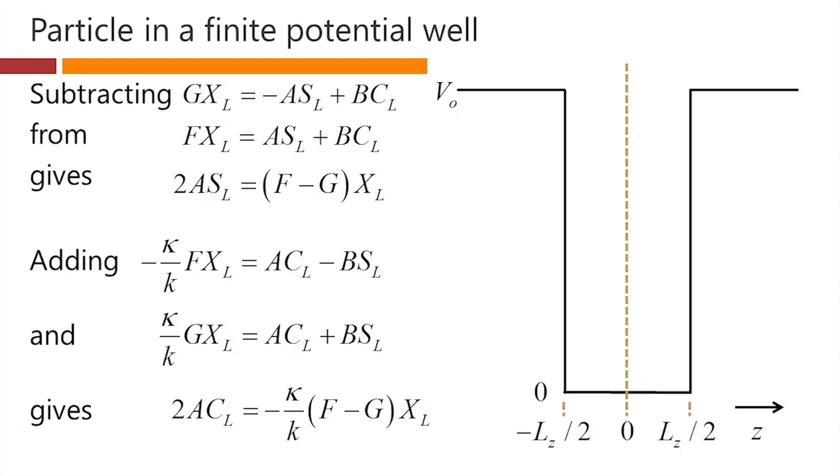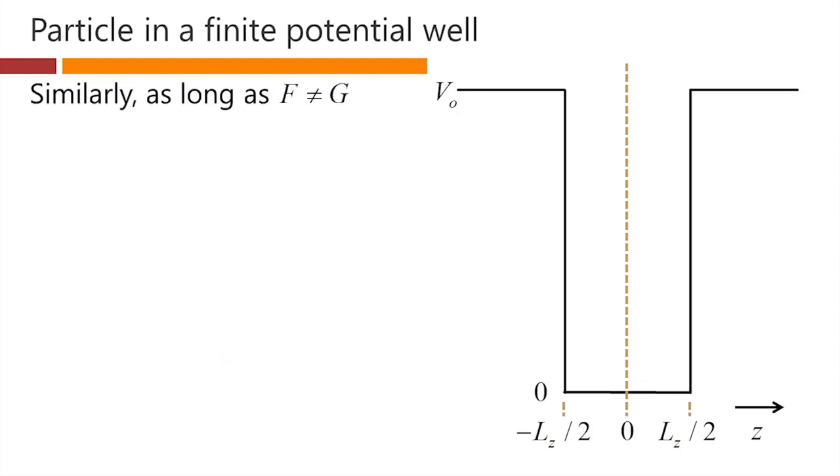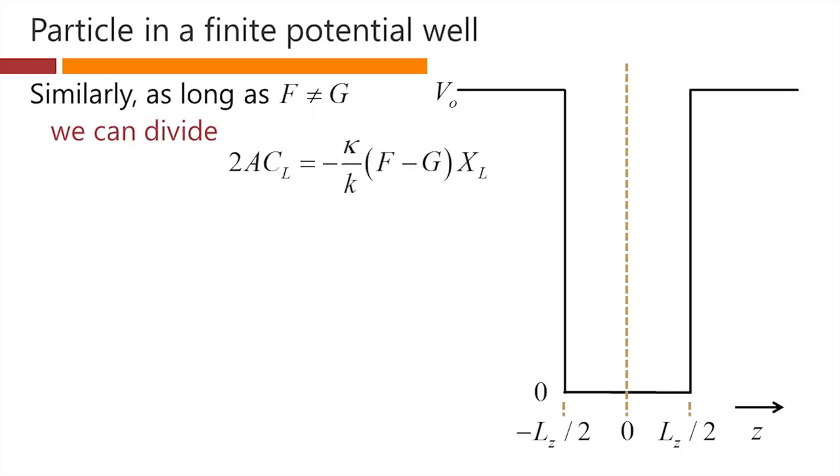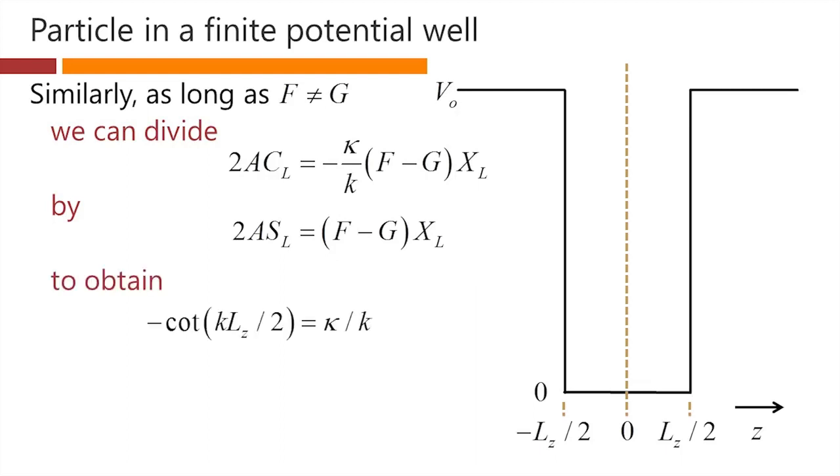times XL. So now, as long as f is not equal to g, we can divide this equation we just figured out by this equation we just figured out. Again, if f is equal to g, this would be 0, and we can't divide by 0. So as long as f is not equal to g, we can divide this equation by this equation.